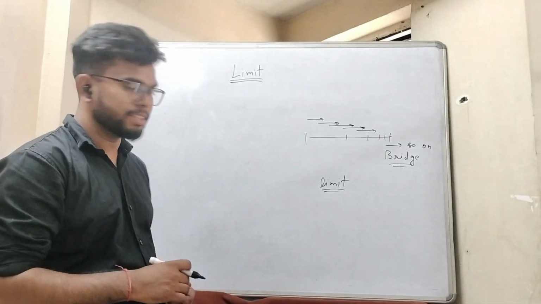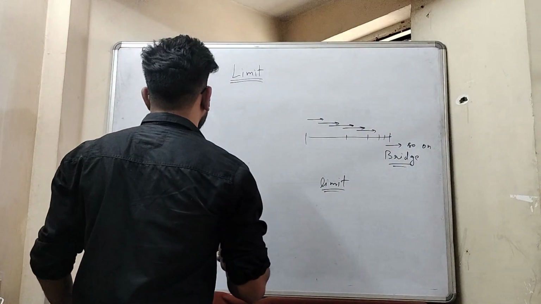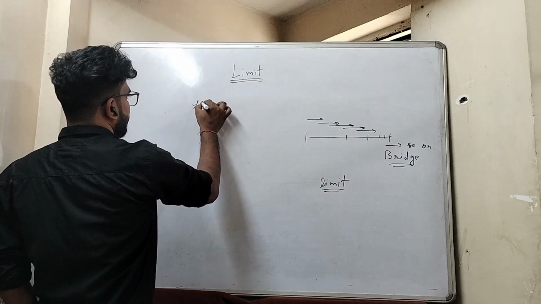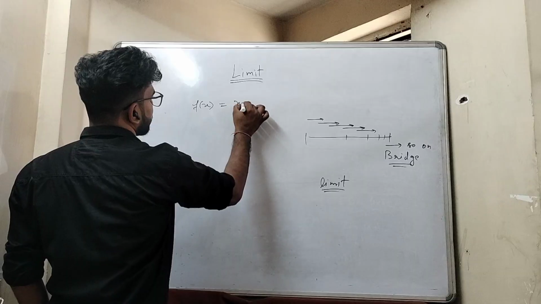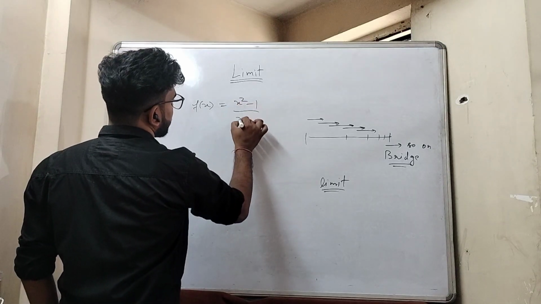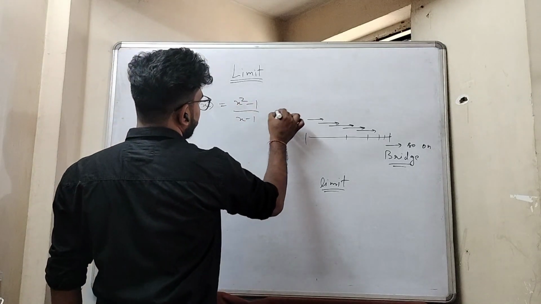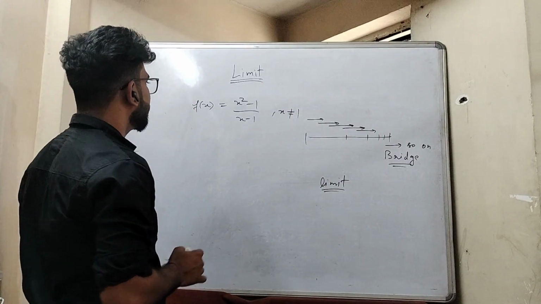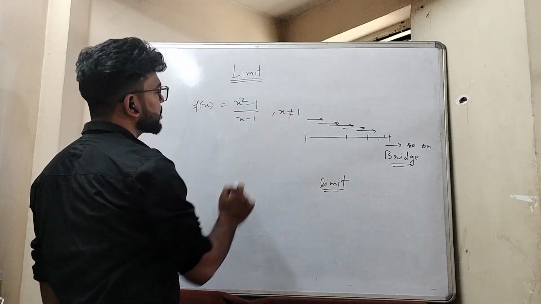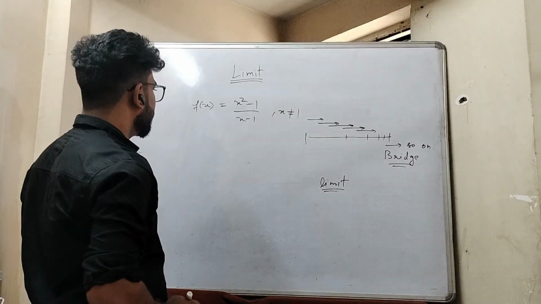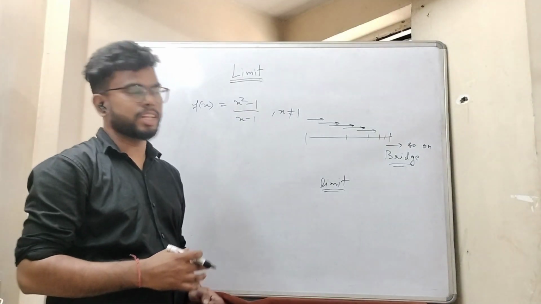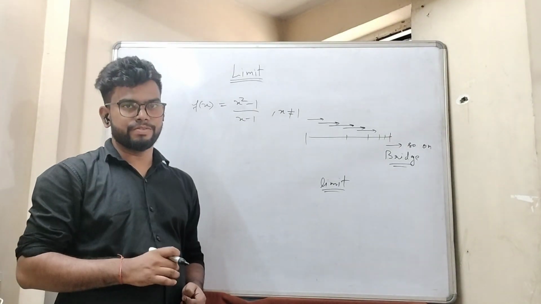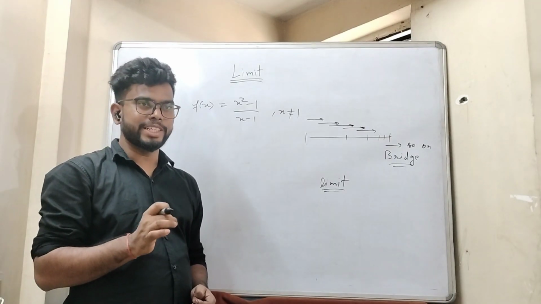So let's do this mathematically. Suppose you have a function f of x equal to x square minus 1 upon x minus 1, where x is not equal to 1. You can clearly see that this function is not defined at x equal to 1. But we want to check its behavior around the point x equal to 1, in the neighborhood of the point 1.